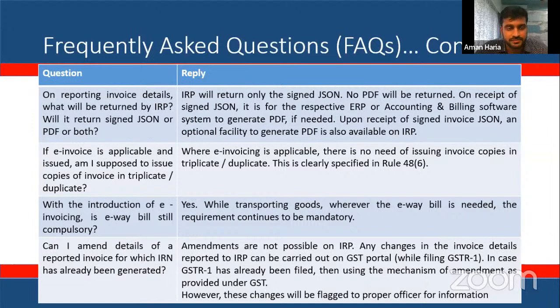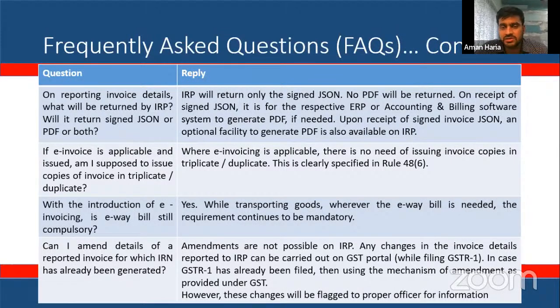To generate the PDF for yourself. The next issue that came up is whether, as a supplier, you are required to issue invoices in duplicate and triplicate, which is required currently. Again, the department has clarified that wherever e-invoice is applicable, you need not issue invoices in duplicate and triplicate.